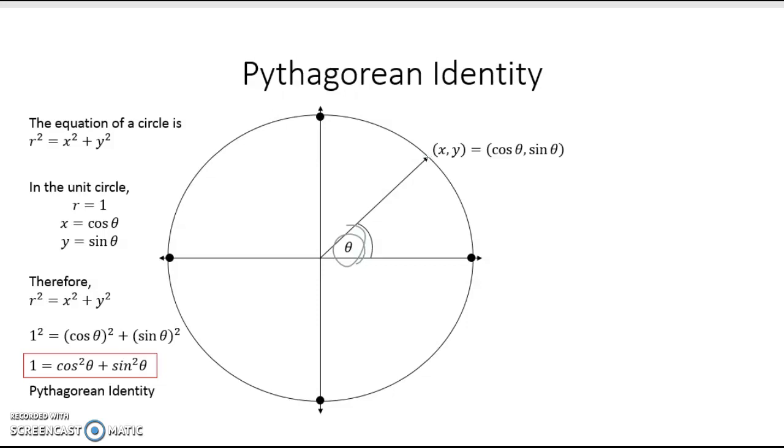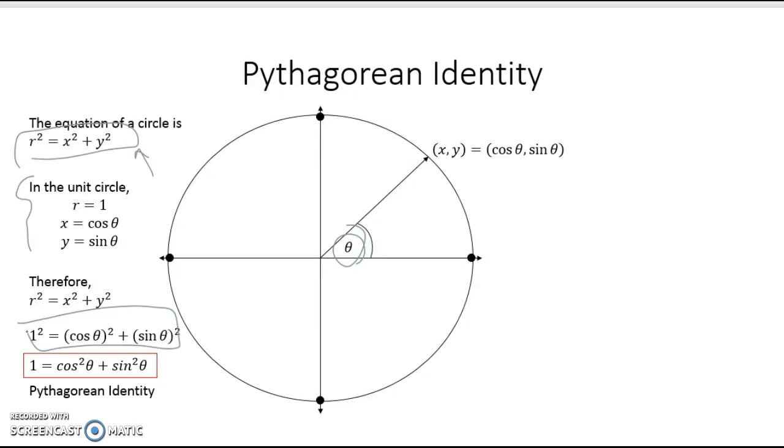Now if we take the equation of a circle, r squared equals x squared plus y squared, and substitute what we know about the unit circle, that r is equal to 1, x is equal to cosine theta, and y is equal to sine of theta, then what I'm going to get is 1 squared is equal to cosine theta squared plus sine of theta squared.